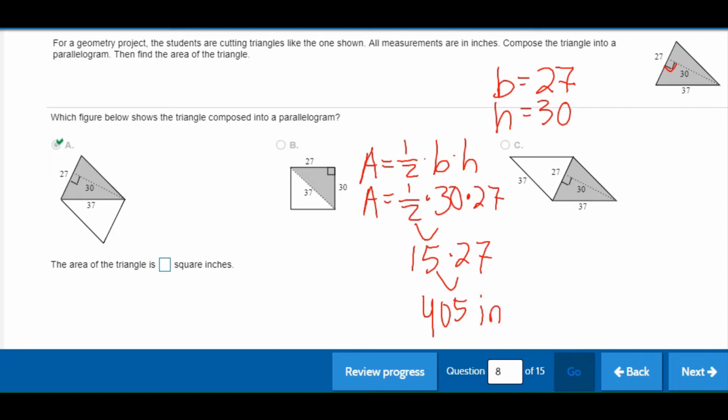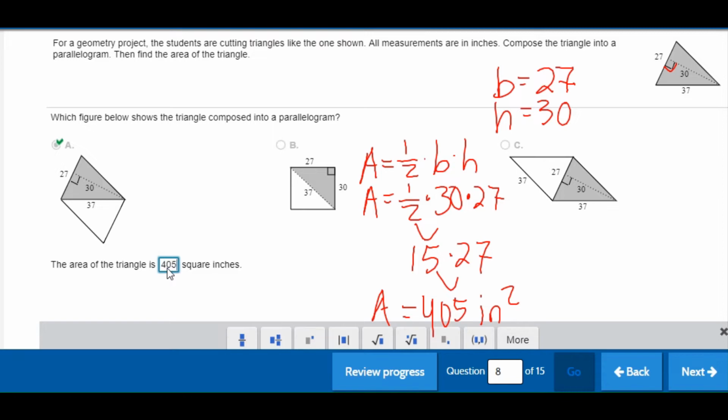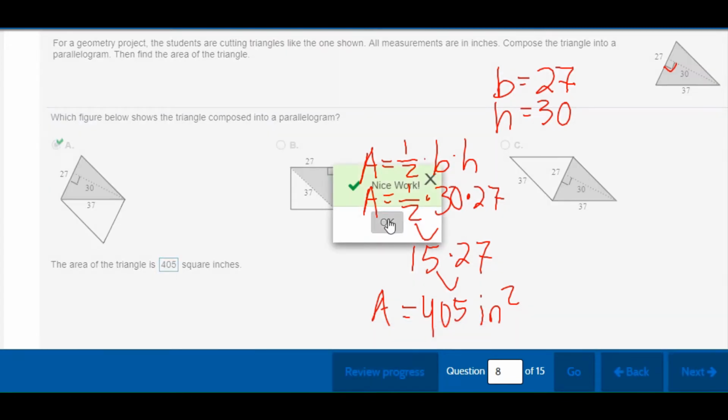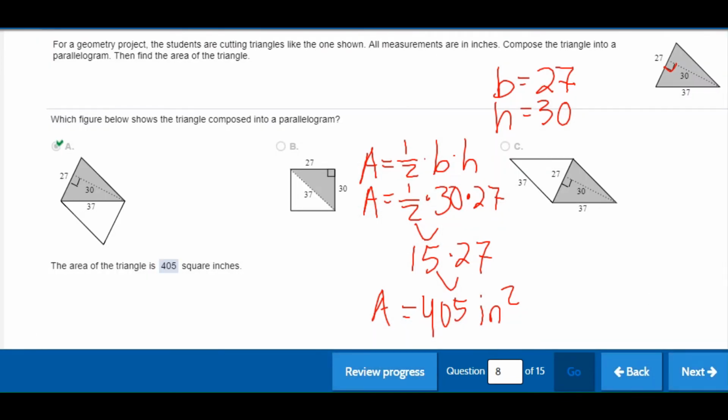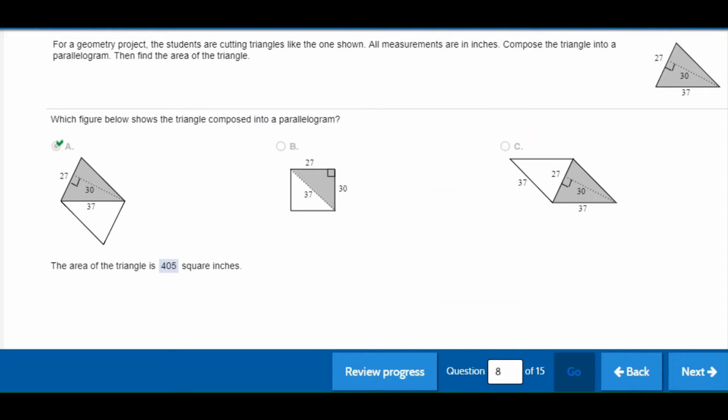Oh, it's inches squared. That's going to be the area. So 15 times 27. And then I'm going to put that into here, which is 405. And that is the answer to that one. So that's how you do this question, and this will be on your test.